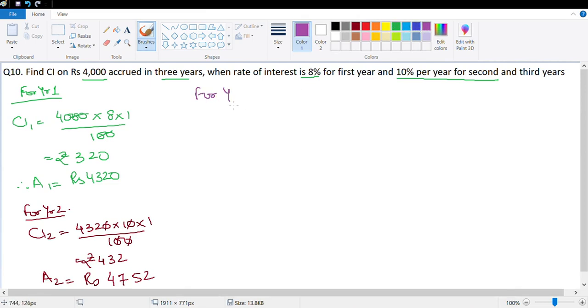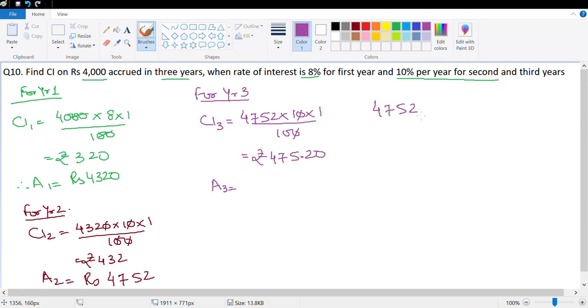Now let's do this calculation for year 3. For year 3, compound interest for third year would be 4752 multiplied with 10 multiplied with 1 upon 100, which is equal to rupees 475.20, which means amount at the end of third year would be 4752 plus 475.20.